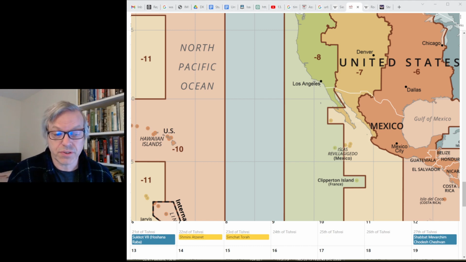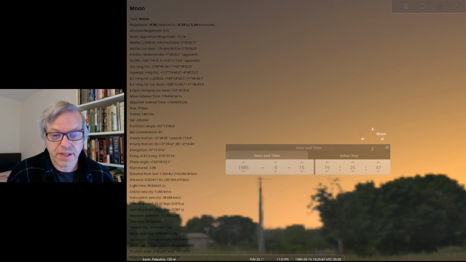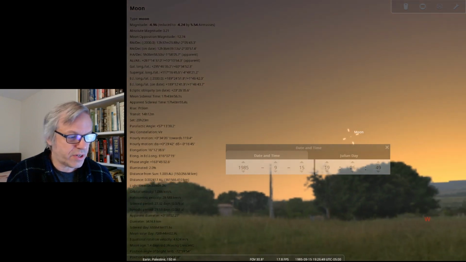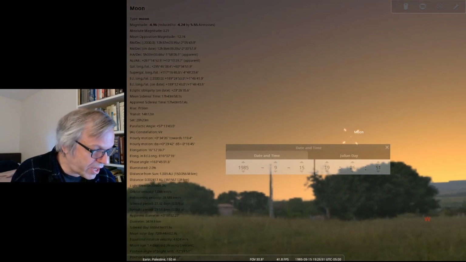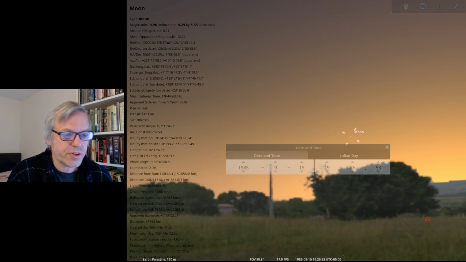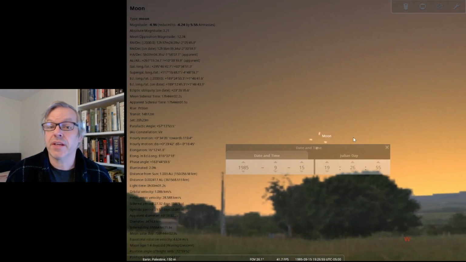Okay? In other words, what I'm saying is that this age of the moon down here in the bottom of my screen, moon age, 1.4 days old, 0.1 days is 2.4 hours. So by the time the sun sets in Hawaii, it could be another, how many time zones away is that?